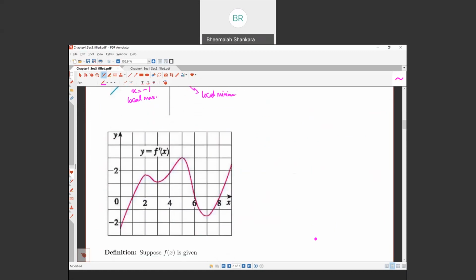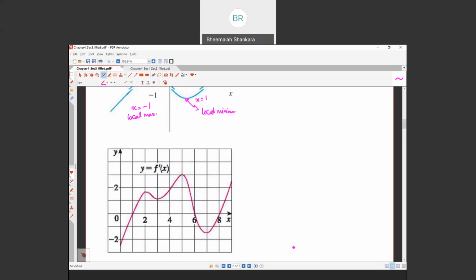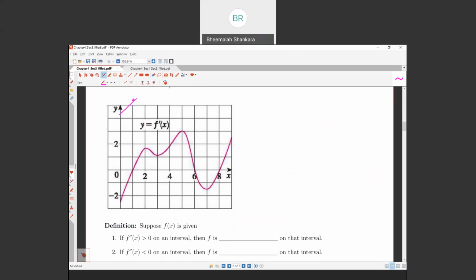One more graph, you want to list the max and the min. Now read this graph carefully. In the previous graph, it's a function graph, but this is an f prime graph. So when you read the y-axis, it's not the usual function, but it's the derivative f prime. And this graph here is not the function, but the derivative.